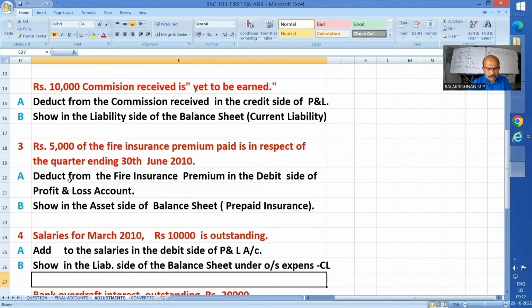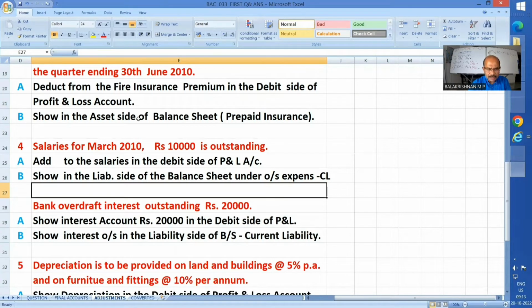Why is it prepaid? Because every quarter, April, May, June, this pertains to April, May, June only. That 5,000. So to that extent, deduct from the fire insurance premium in the debit side of profit and loss account and show in the asset side of balance sheet. Prepaid insurance, right?